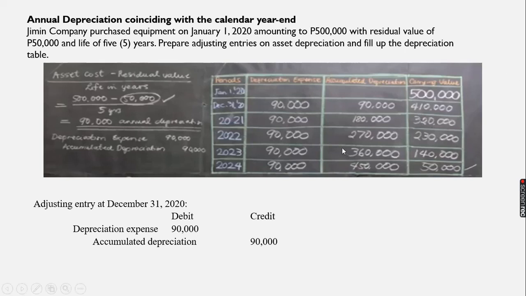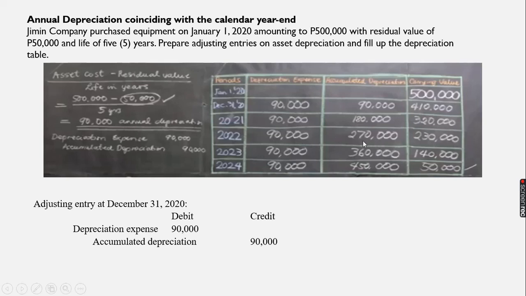Okay, pagdating naman sa December 31, 2022, yung depreciation expense niya is 90,000. So, i-less na naman natin dyan, yung 320 less 90,000, makukuha natin yung 230.